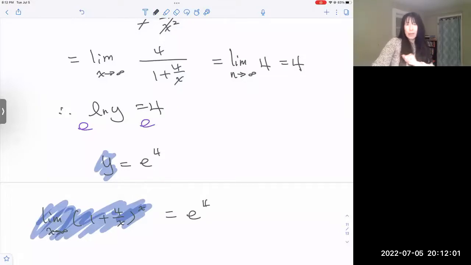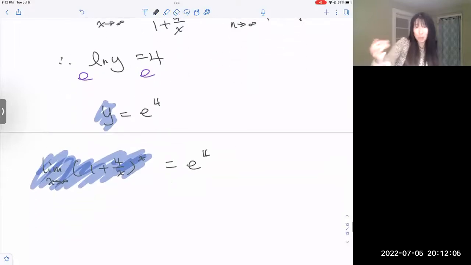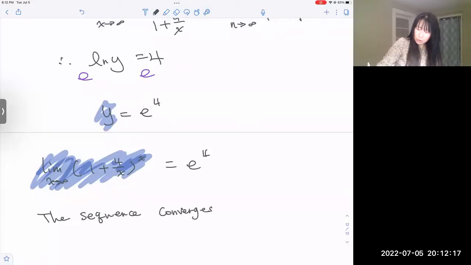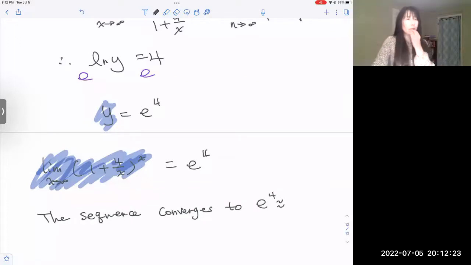Now we can say that the sequence converges to e to the 4th power, because it is a number. What's approximately e to the 4th power?